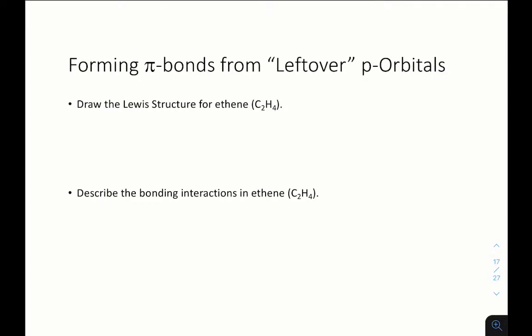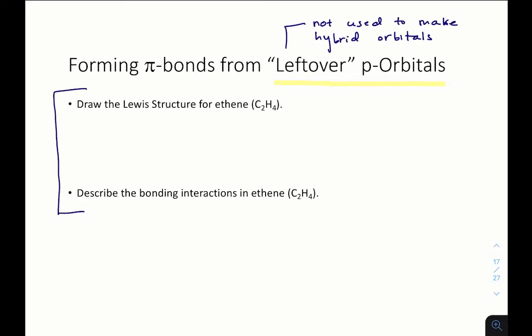We are now ready to form pi bonds from leftover p orbitals. I will remind you that what is meant by leftover p orbitals are those not used to make hybrid orbitals. Begin by pausing, drawing the Lewis structure for ethene, C2H4, and then describe all of the bonding interactions in ethene.